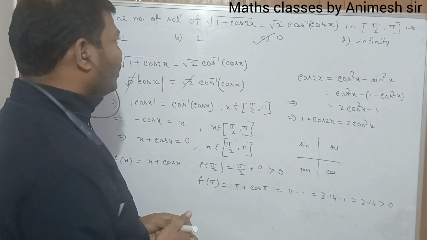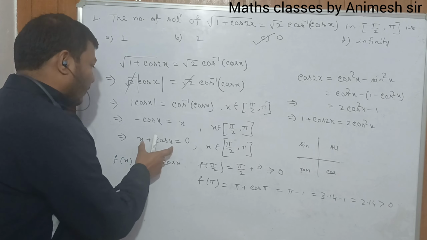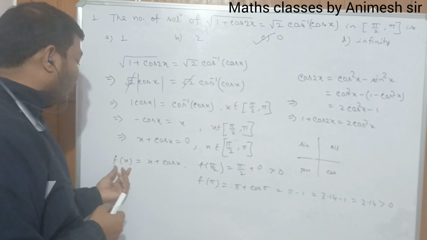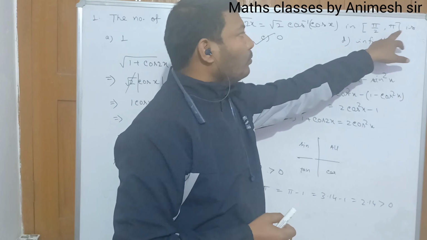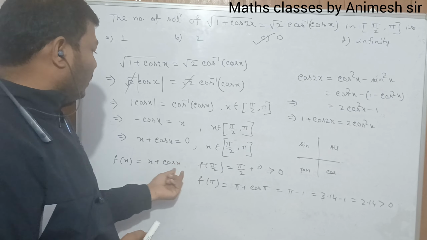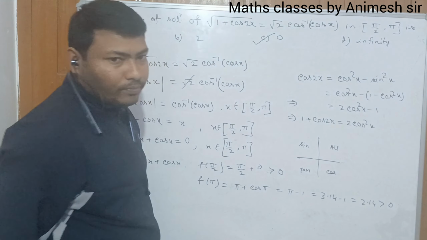So the main question now reduces to this: if we choose f x equals x plus cos x, then the main question will be the number of solutions of f x equals 0 in pi by 2 to pi.